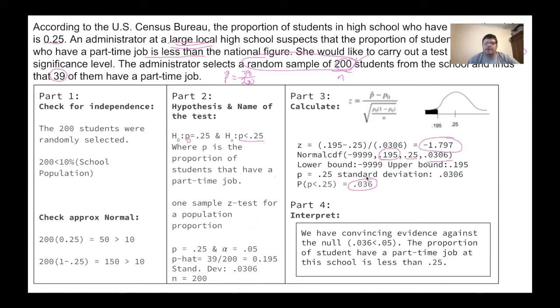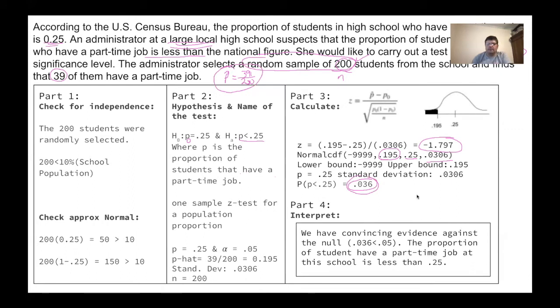Okay, so that's our p-value. That's the probability of us getting this result if this were actually true. All right, so the probability of us getting 39 out of 200, given we were anticipating 50, is 3.6%.